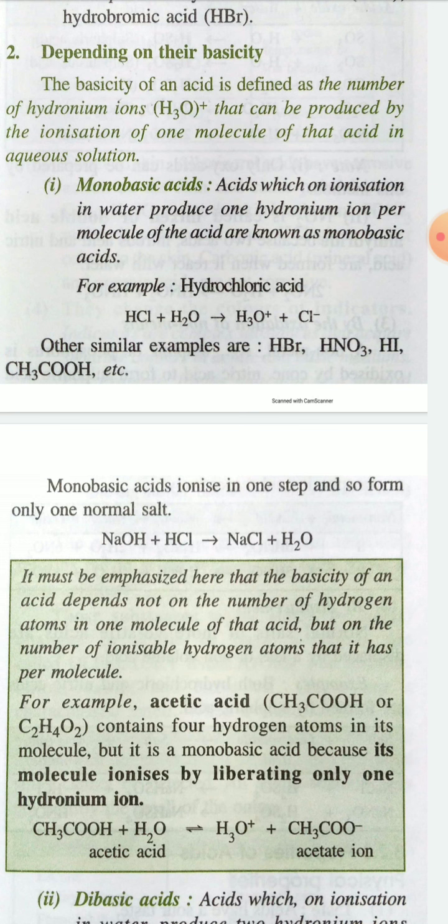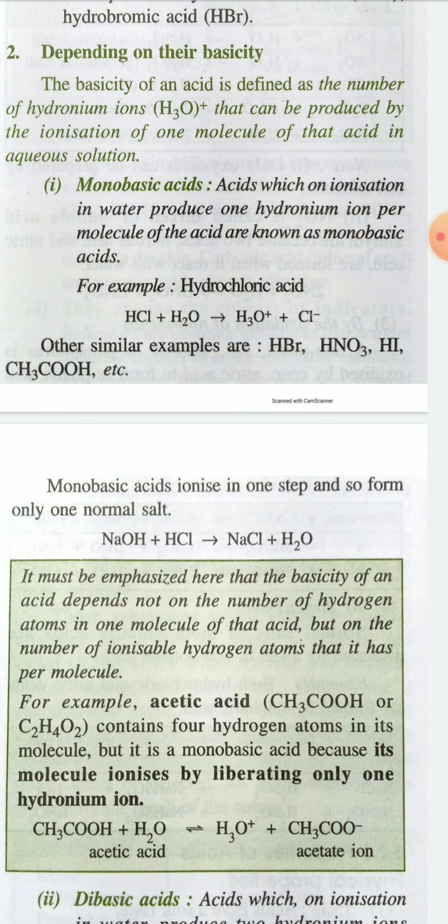And we know that acids combine with bases to form salt and water. Monobasic acids ionize in one step and form only normal salt. For example, sodium hydroxide is a base which contains OH- ion.